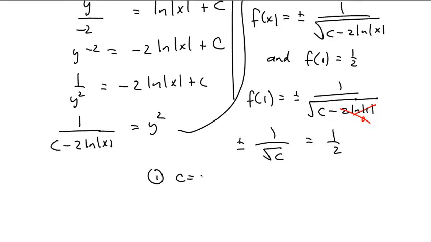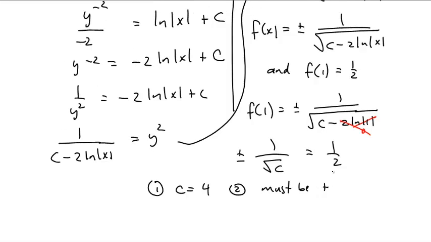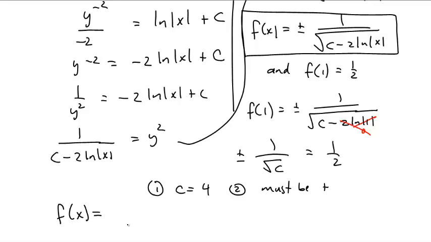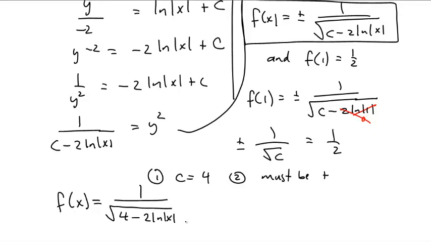One, c must be 4, so that the square root of c will be 2. And 2, it must be plus. If I had said, oh, I want f of 1 to be negative 1/2, then it's going to have to be negative. So that tells me that we don't have this most general solution. We have f of x has to be plus 1 over the square root of 4 minus 2 natural log of the absolute value of x.